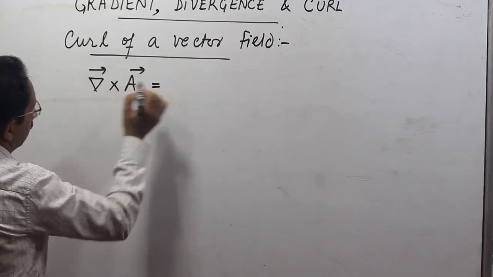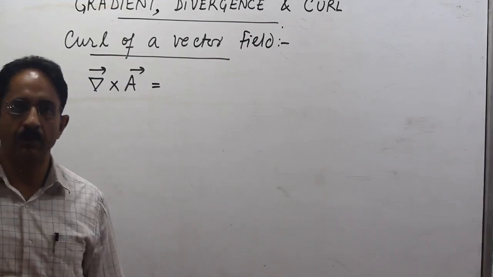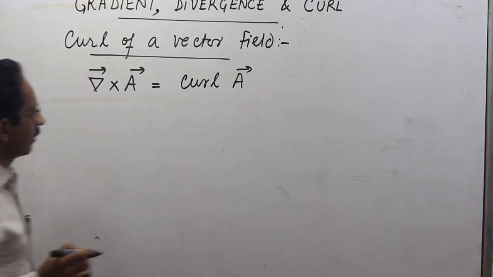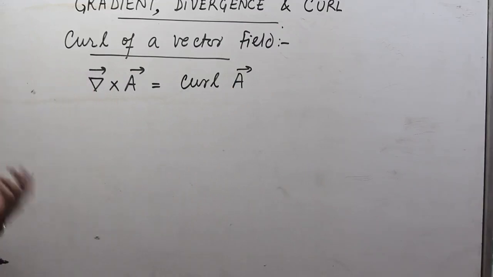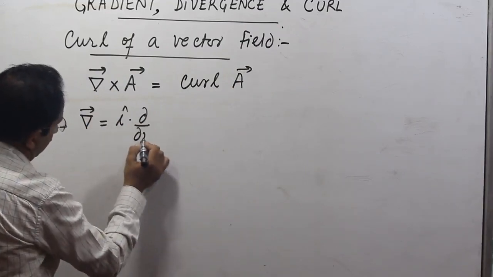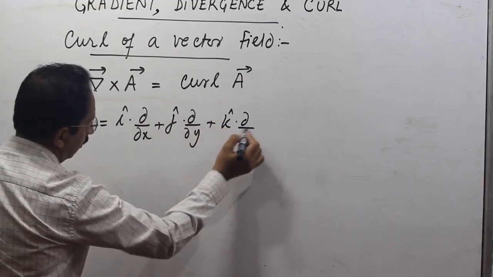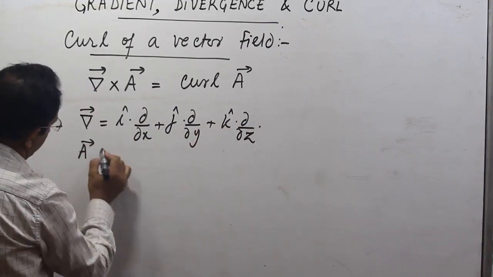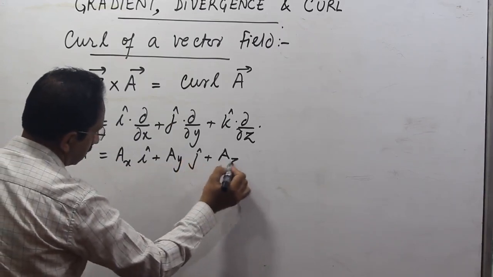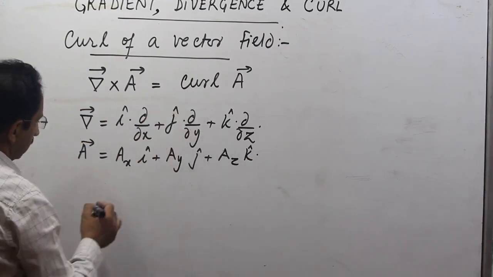Suppose I have a vector A, and curl is defined as the cross product of the del operator with vector A. So this will be read as curl A. We are already aware of the del operator, we are already aware of A. So del operator is i cap into dou over dou x plus j cap into dou over dou y plus k cap into dou over dou z, then vector A is equal to ax i cap plus ay j cap plus az k cap.